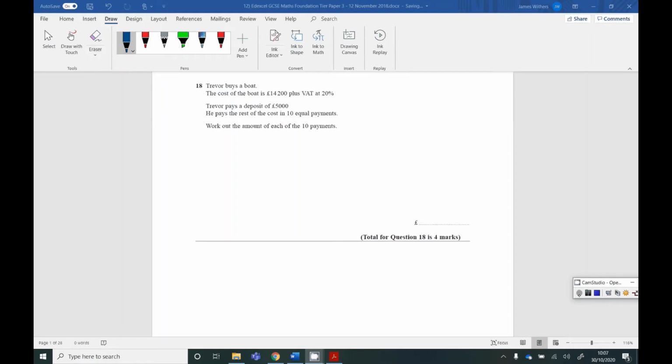But given it's a calculator paper, I think it's easier to realise that a 20% increase means we're using a multiplier of 1.2. A 30% increase would be 1.3, and so on. So the cost of the boat, including the VAT, is 14,200 multiplied by 1.2, which is 17,040.